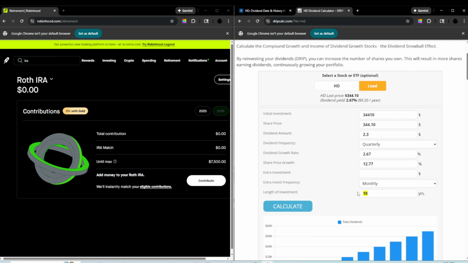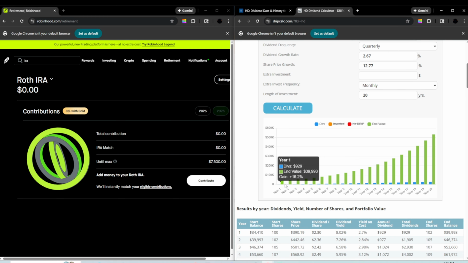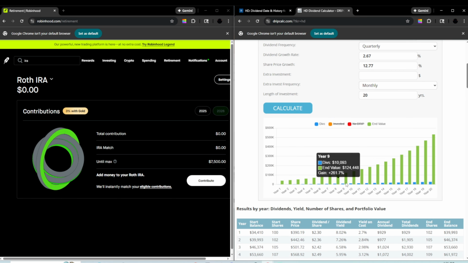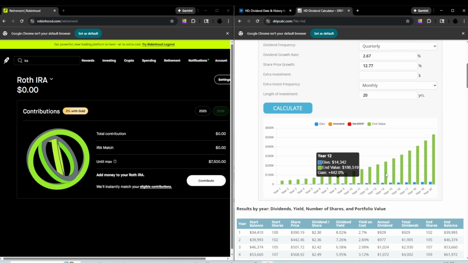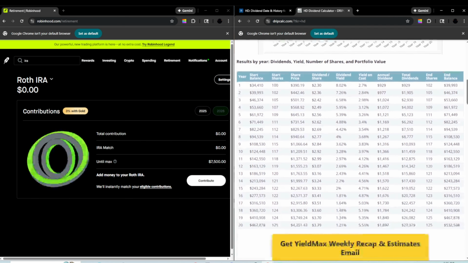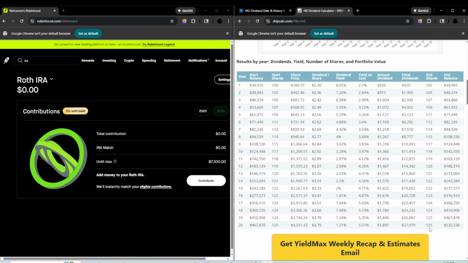Let's take out this. I'm going to make this 20. See how our investment here has gone up, but this is how much we're getting on our dividend. So after 20 years, we would have 125 shares. So we gained 25 shares from our original investment, as well as the amount of money we've already put in.